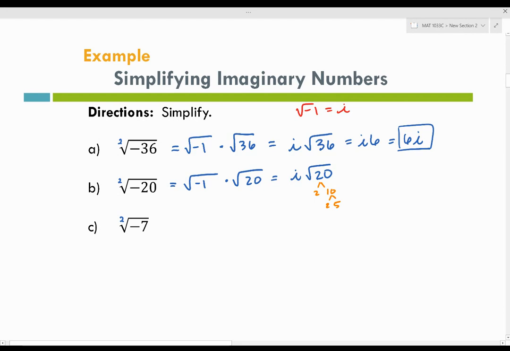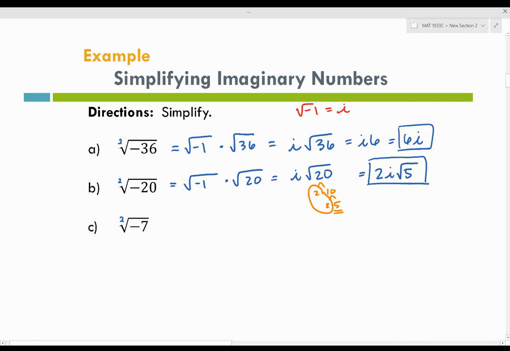Because this is a square root, it means that our numbers can come out in pairs. So I have a pair of 2's here, and the 5 is going to have to stay behind. So that means my answer is going to be 2i square root of 5. That 2 came out from that pairing, multiplied by the i, and the square root of 5 stayed behind.